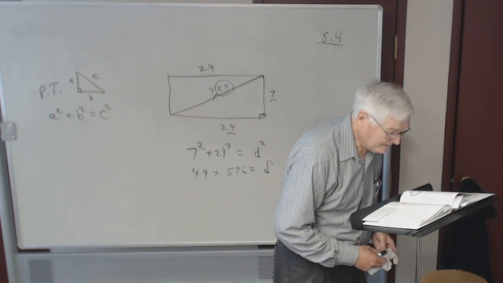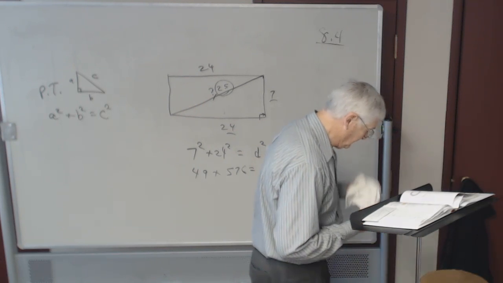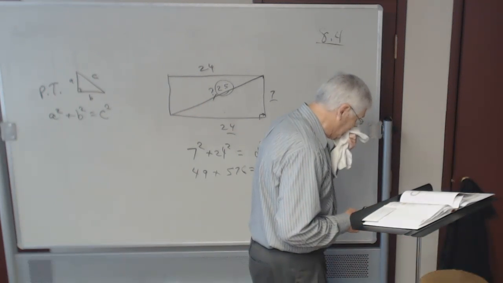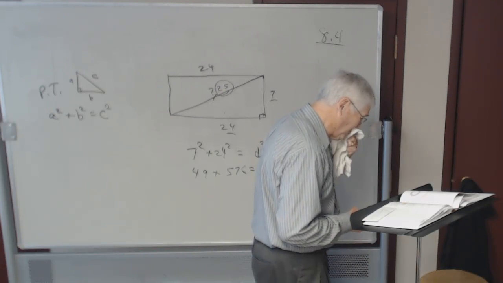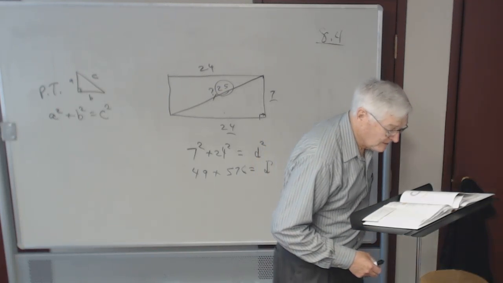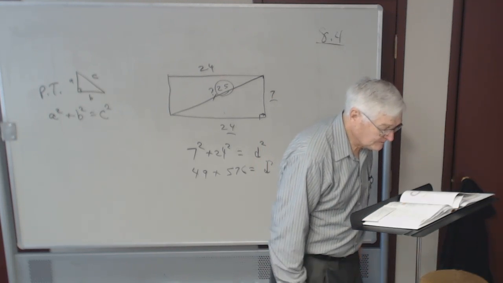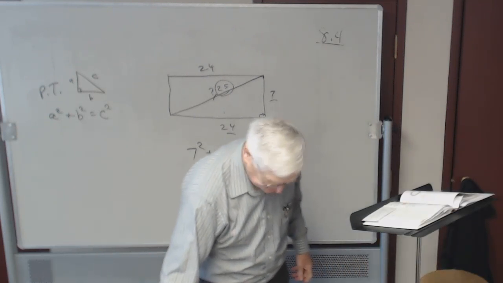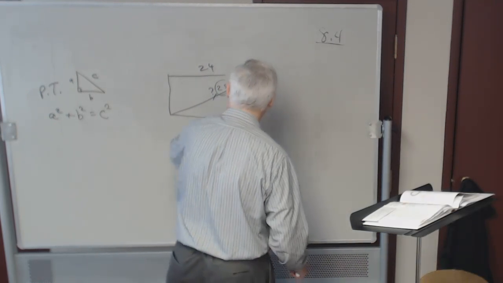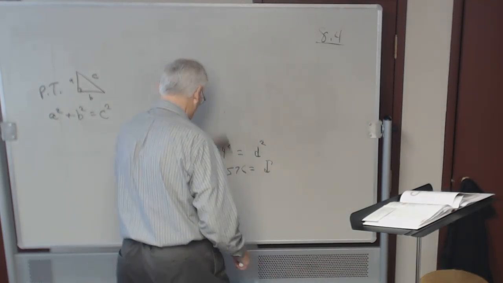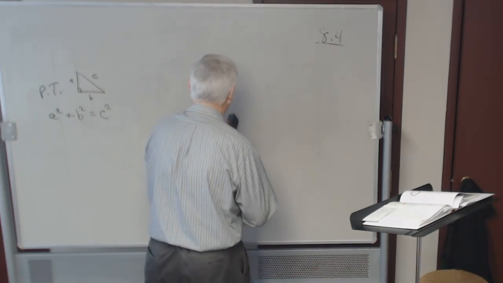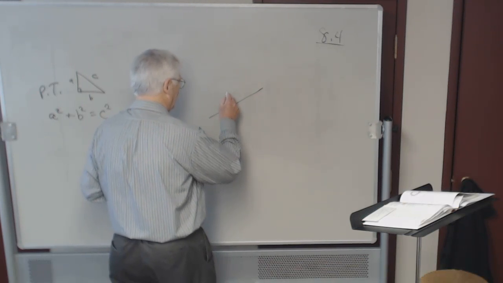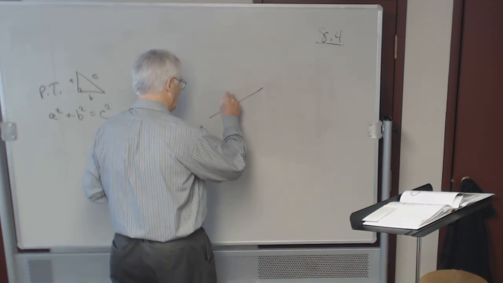Number 20. The two diagonals of a rhombus are 4 inches and 8 inches long respectively. One diagonal is 8 and the other one is 4.